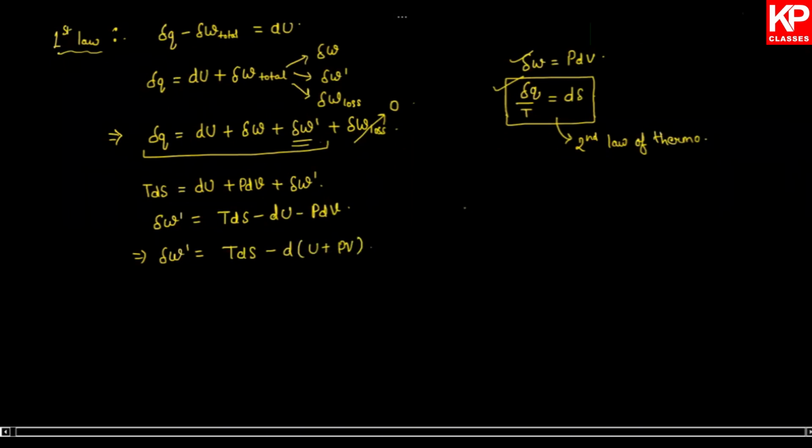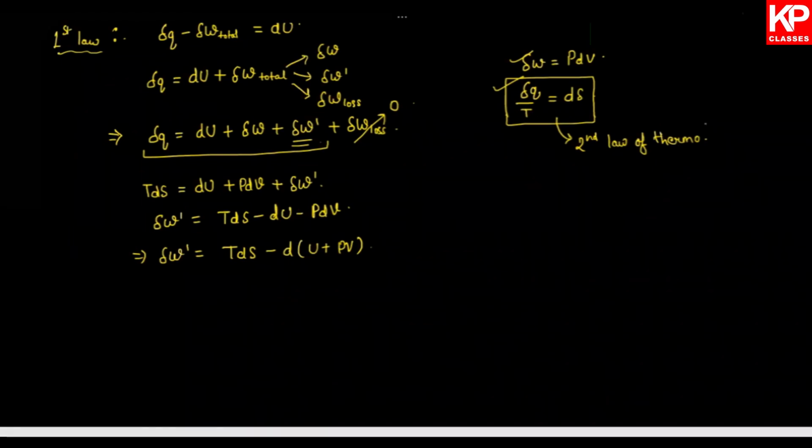In the last class, someone asked me a question: is PdV not equal to dW dash? No, Ashutosh. In the very first class, when we were discussing the work calculation, I clearly stated that PdV is expressed based upon mechanical work only.